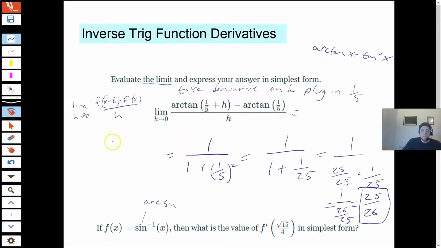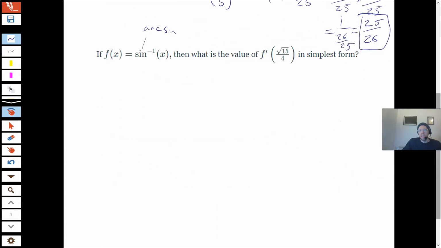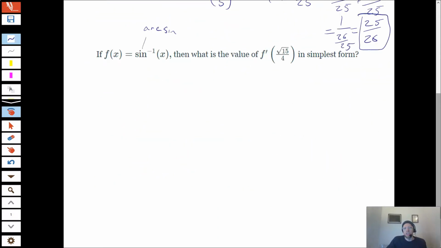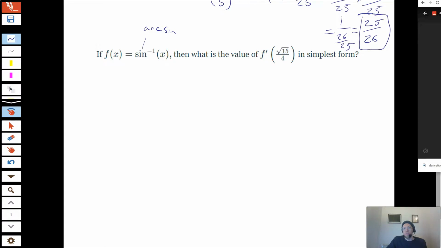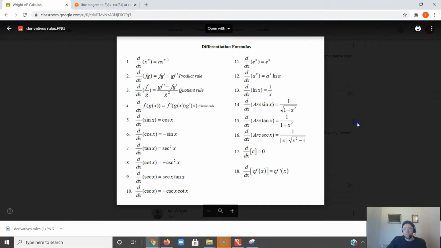Now, the other type of problem you'll see in this assignment is essentially the same question, just written without the limit definition. So this is taking the derivative of sine inverse of x, and the derivative of sine inverse of x is 1 over the square root of 1 minus x squared.